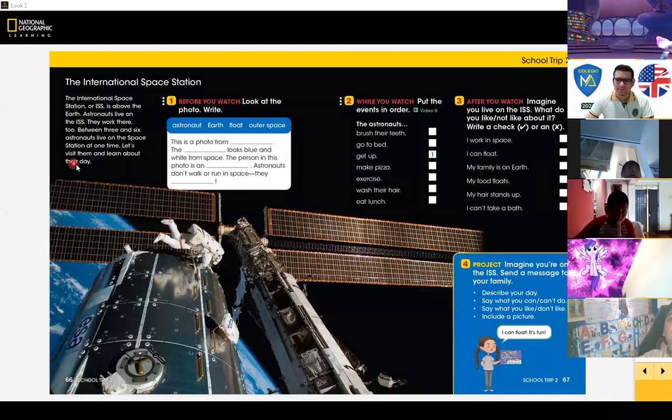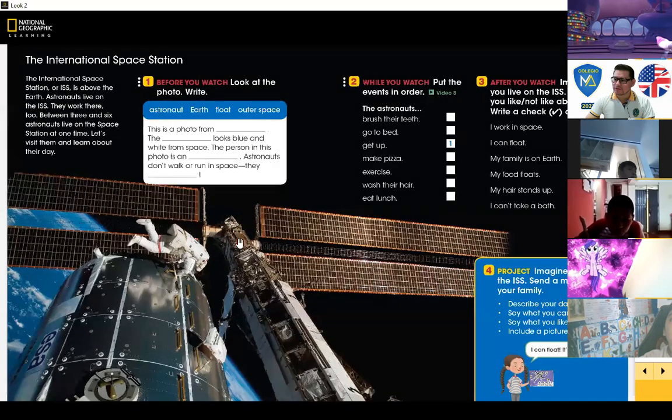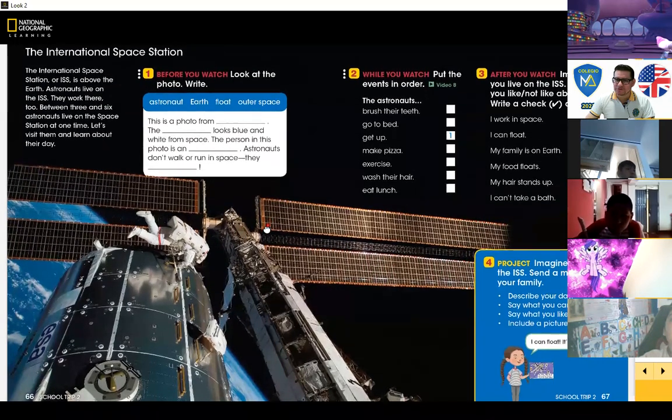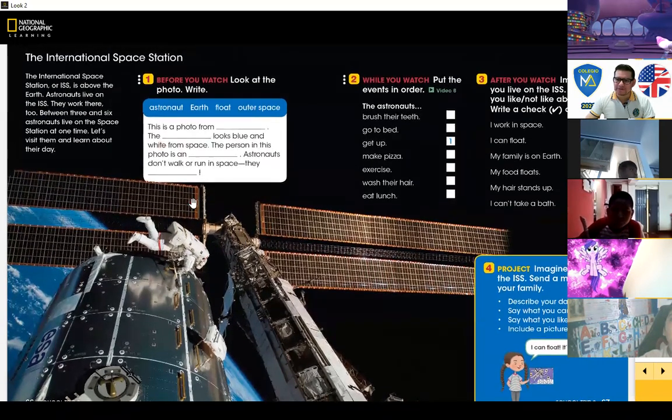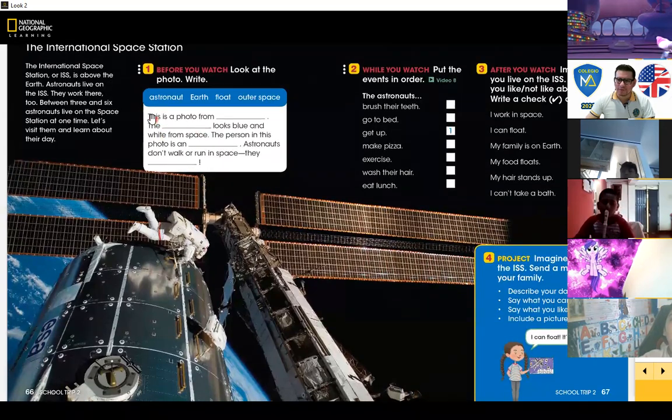Okay, let's look. Before you watch, look at the photo and write. Here we have some options: astronauts, Earth, float, and outer space. You're gonna tell me in this part, students. This is a photo from, what do you think? From astronaut, from Earth, float, or outer space? What do you think?